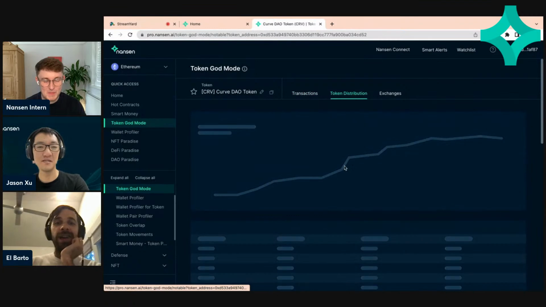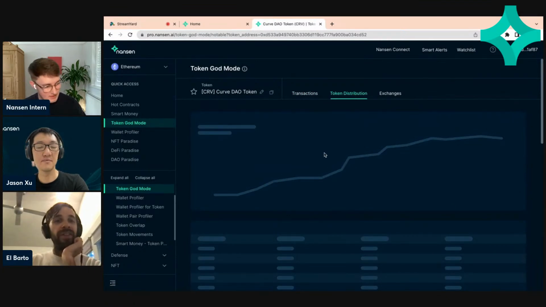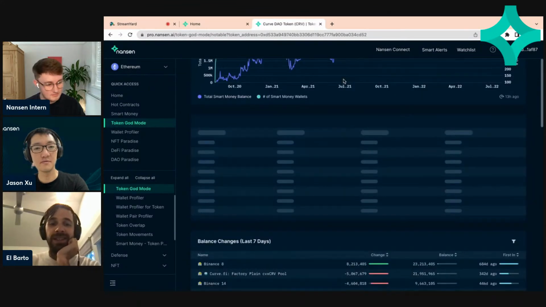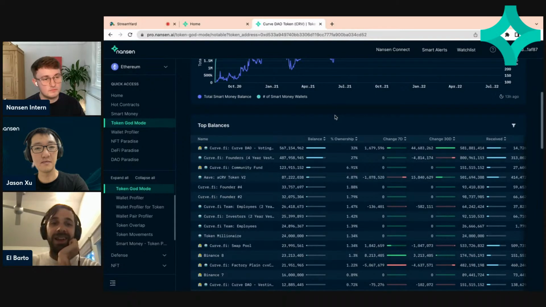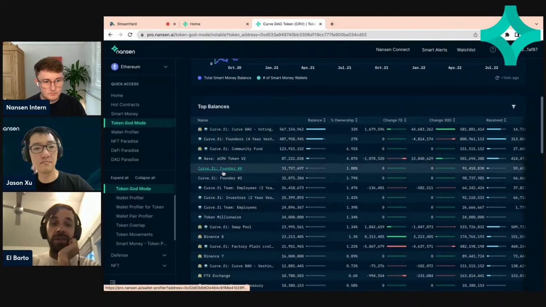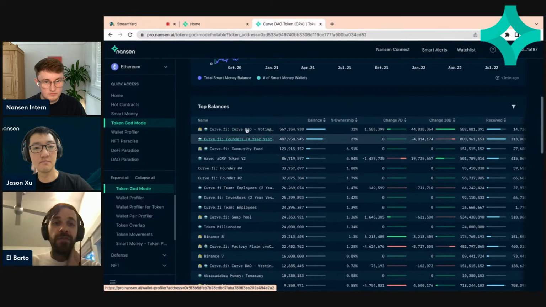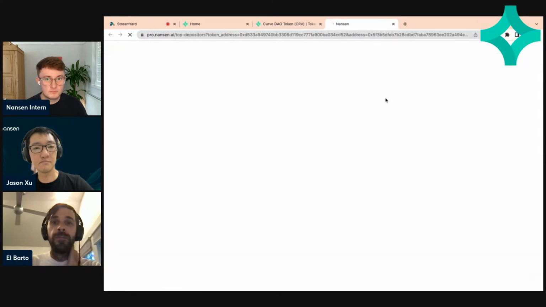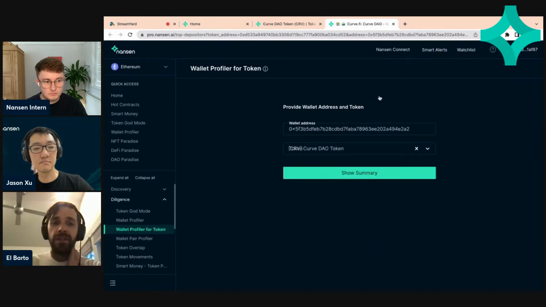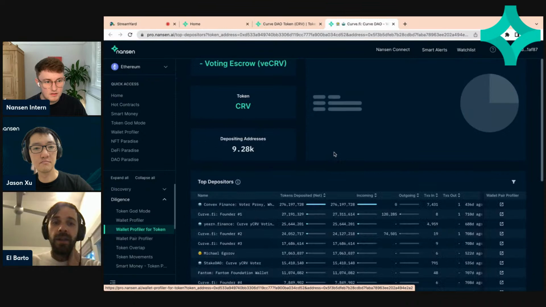I was thinking of spending a whole office hours just on the Curve Convex ecosystem, because it's so complicated. It's actually very surprising, because you think the founders own a huge amount of Curve. If you just look at the voting escrow, who the top depositors are, I think one of them is Michael, I forget his name. Egorov.